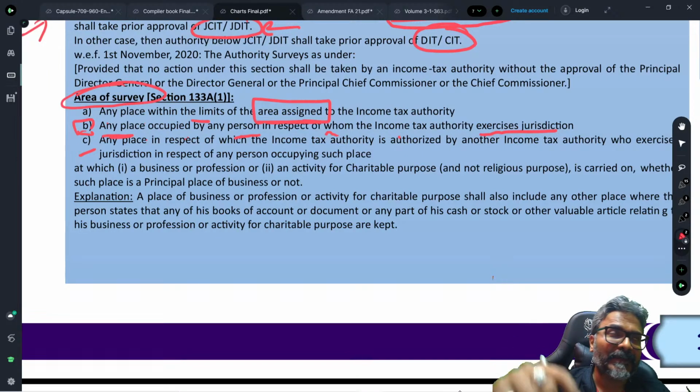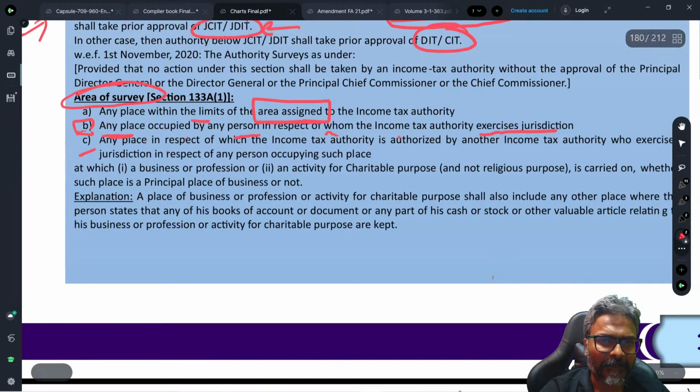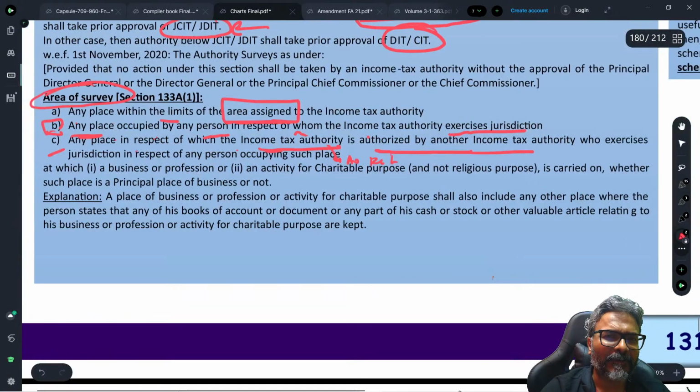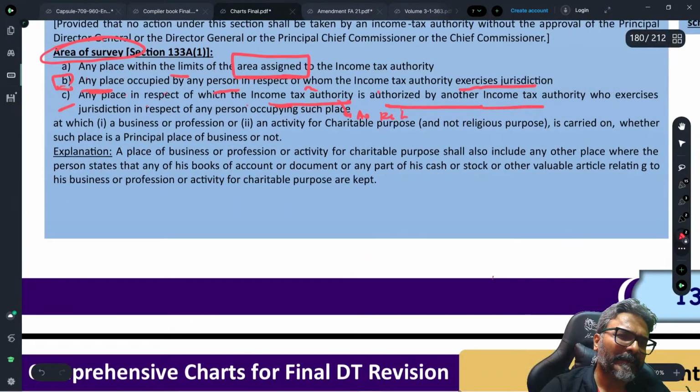I can authorize this AO of Delhi. Let's have a look. Any place in respect of which the income tax authority is authorized by another income tax authority. So here, who is the income tax authority? The AO of Delhi. He is authorized by which income tax authority? The AO of Mumbai. So accordingly, that can be done.